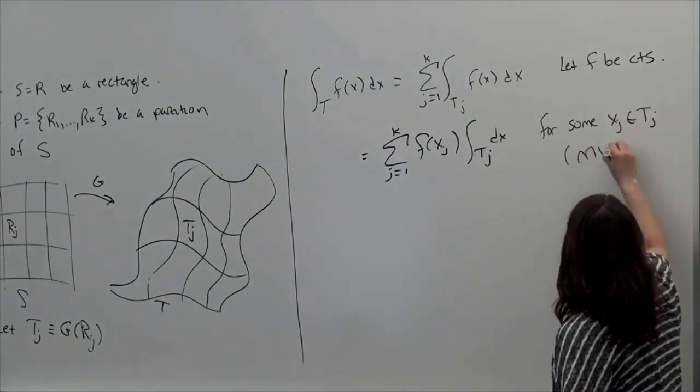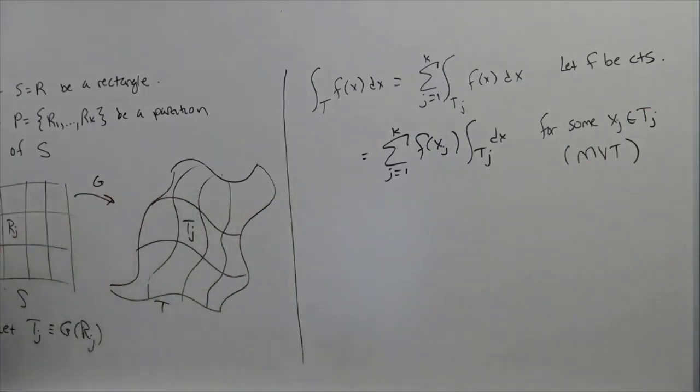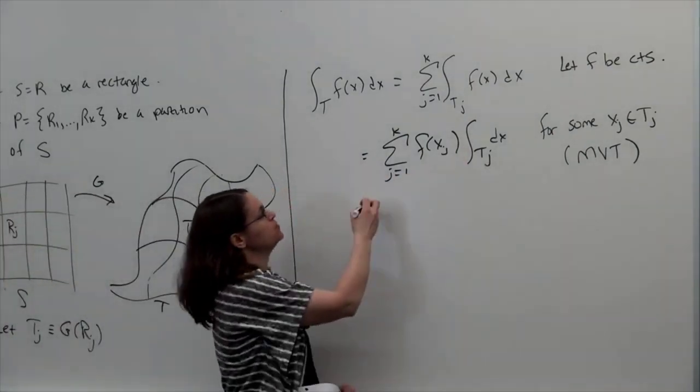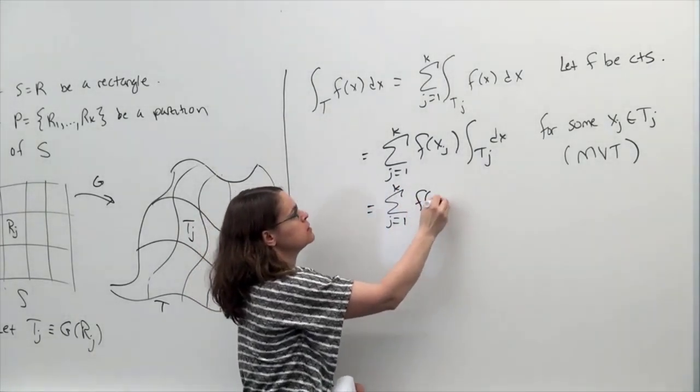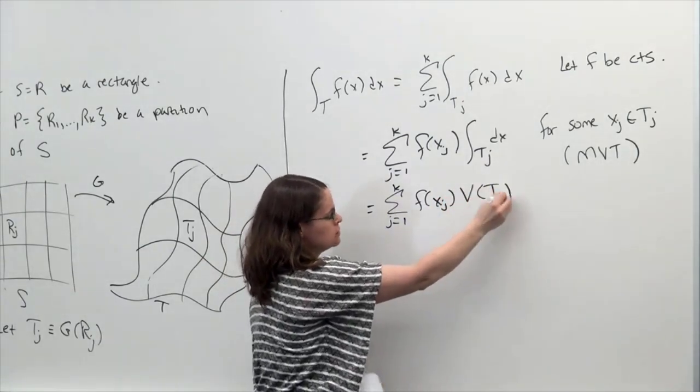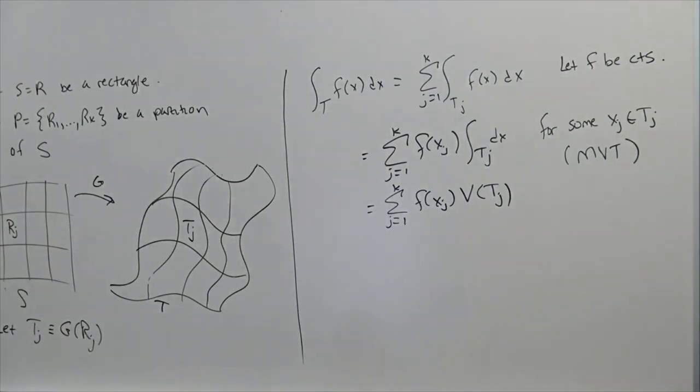This is our mean value theorem. And now we're just looking at the volume of Tj here.